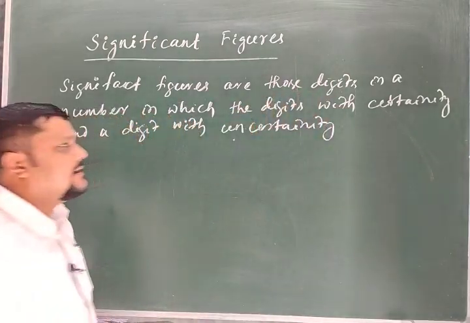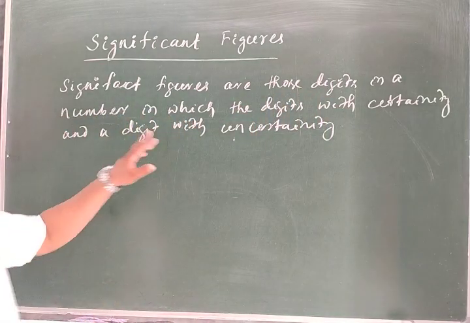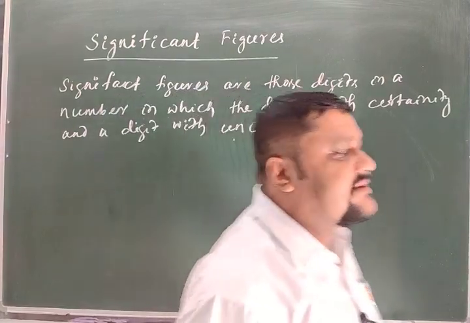What it means? The digits with certainty and a digit with uncertainty.